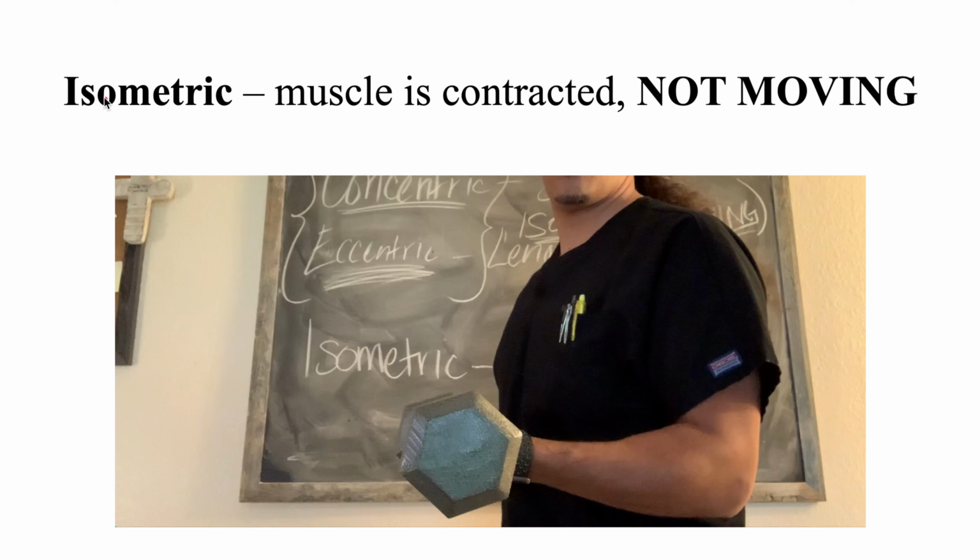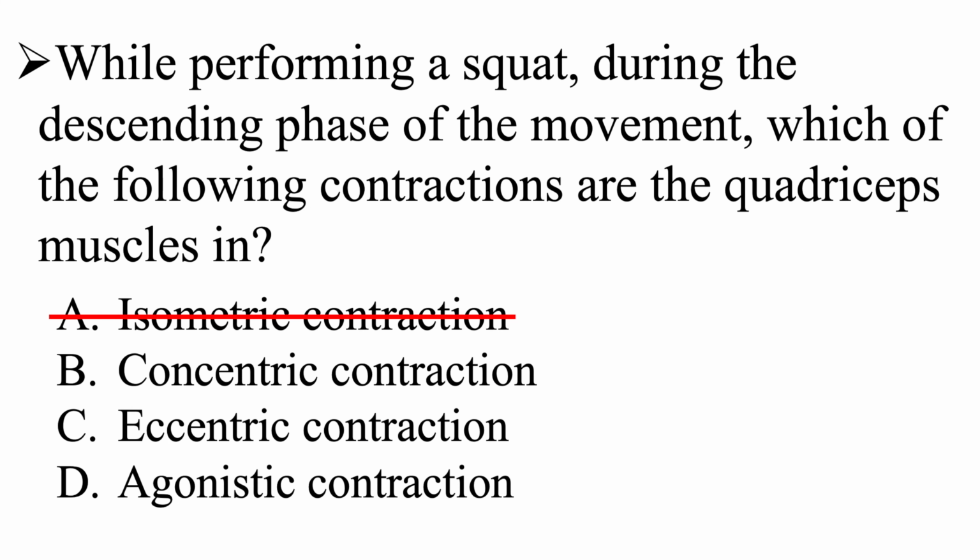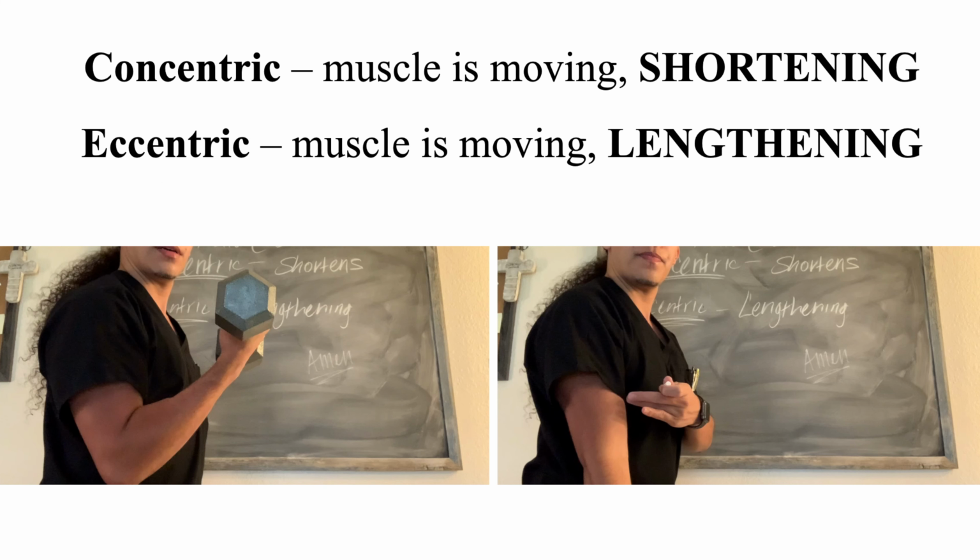So we know that an isometric contraction is when a muscle is contracted but it is not moving. And so we are looking for the contraction that is during the descending phase of a squat. So isometric contraction is not the correct answer, because when we are descending, we are moving. Now let's take a look at concentric and eccentric contractions.